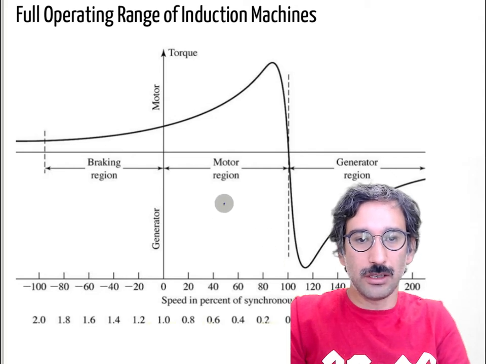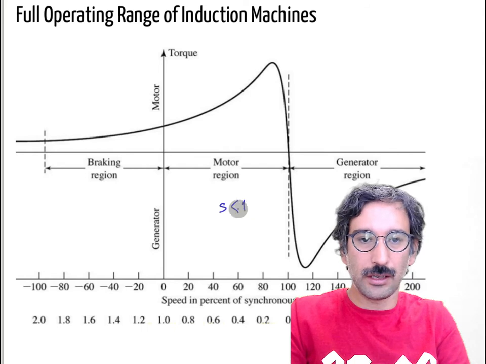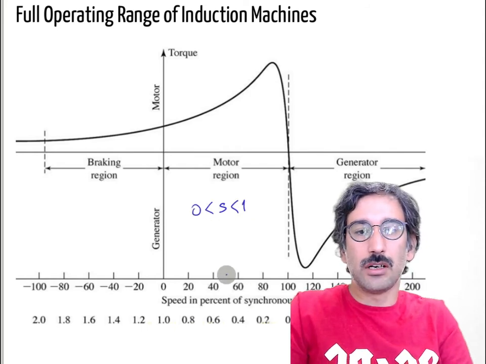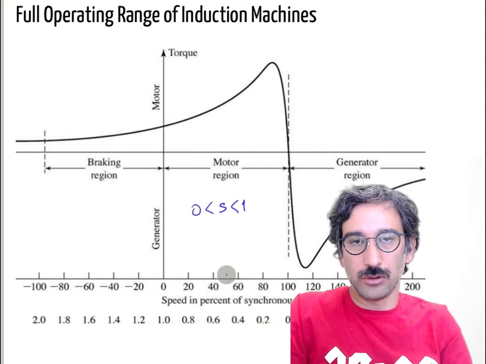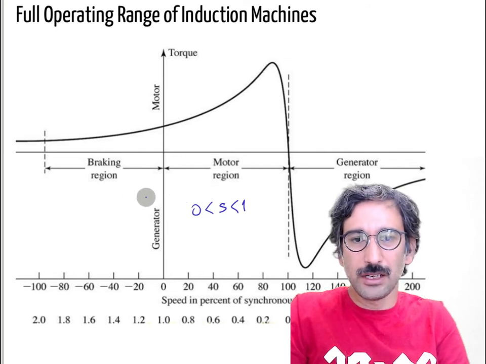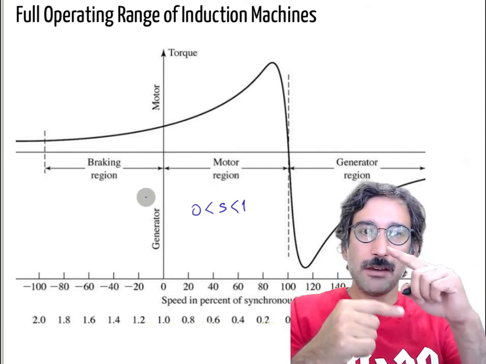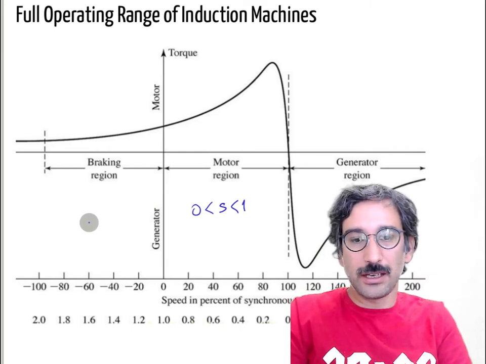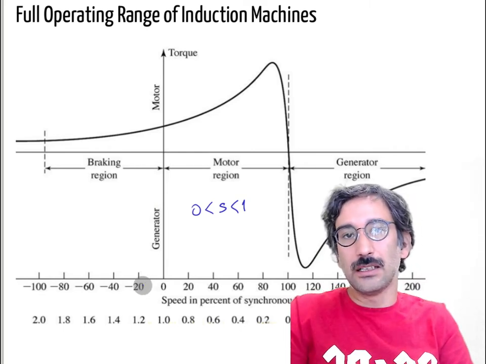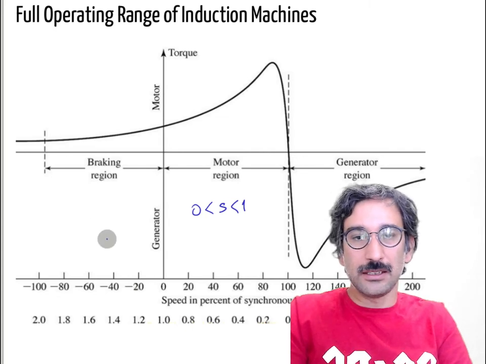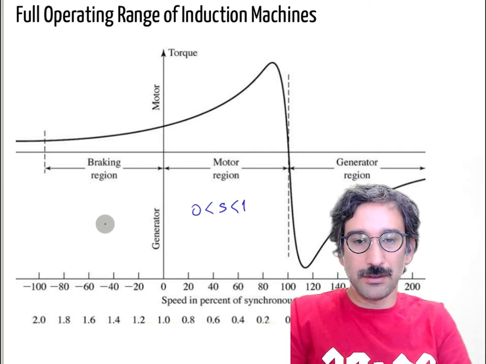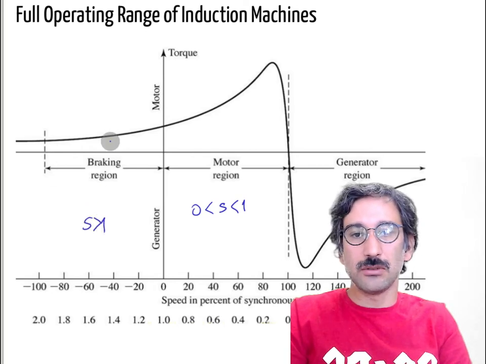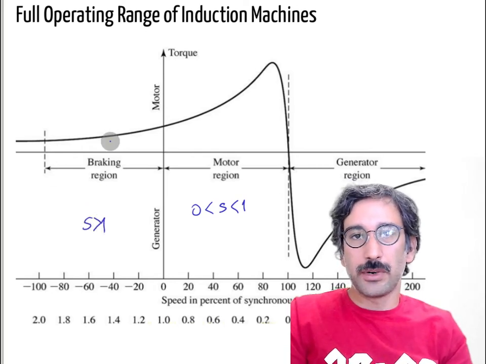So if you are in this range, that means you are operating in the motoring region. However, if the MMF and the rotor are moving in opposite directions, so that the rotor speed is negative with respect to the MMF, then our slip is actually larger than 1, so it is called the plugging or braking region.